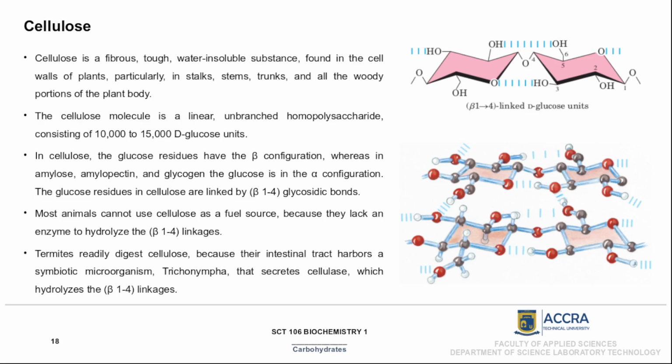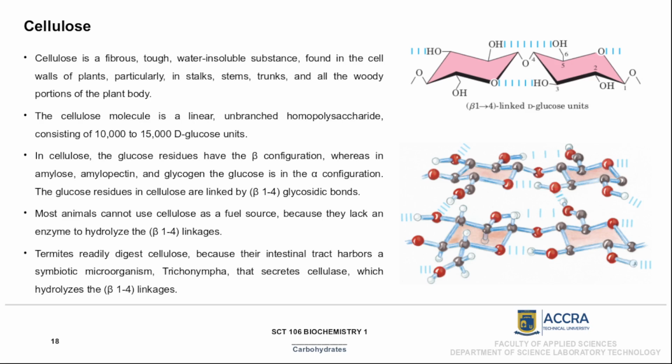Now, our enzymes, amylase, and the enzymes that break down carbohydrates in virtually all animals are specific to the alpha-1,4 glycosidic bond. So they can act on alpha-1,4 glycosidic bonds, but these enzymes are not able to hydrolyze the beta-1,4 glycosidic bonds.